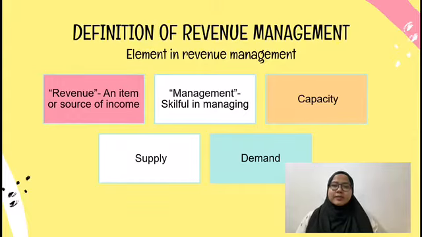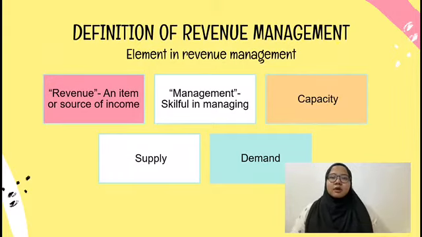Next is supply. In revenue management, we also manage the supply for the consumer. Lastly is to consider demand, which is defined as the amount of goods or service that a purchaser is willing and able to buy.